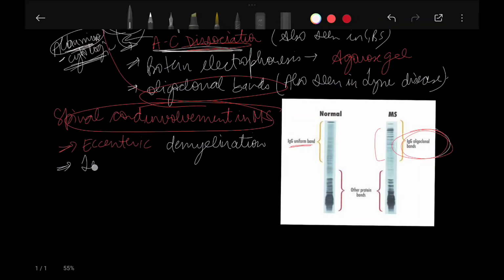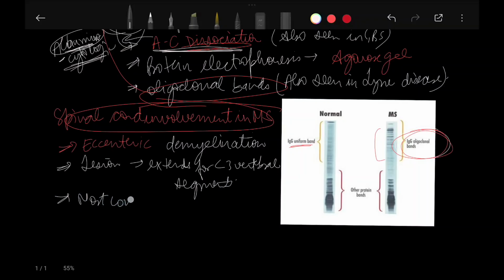Eccentric demyelination, and the lesions extend for less than 3 vertebral segments. We already studied it over here. And also we studied earlier that most commonly it affects the cervical segments. Most commonly it affects the cervical segments only.